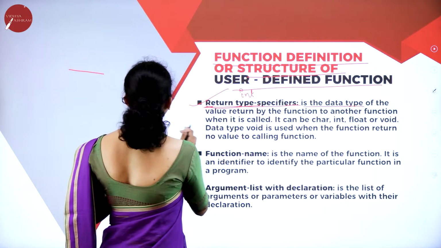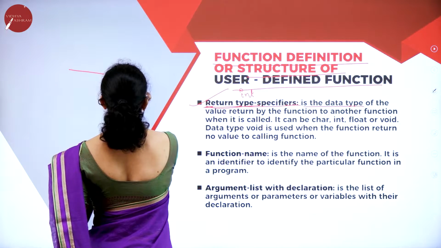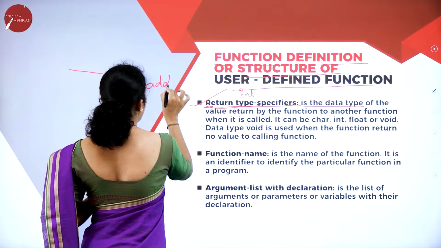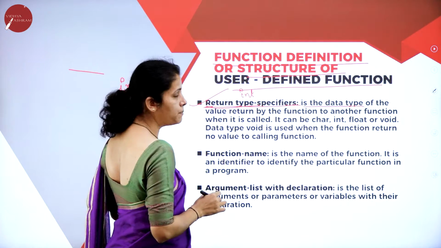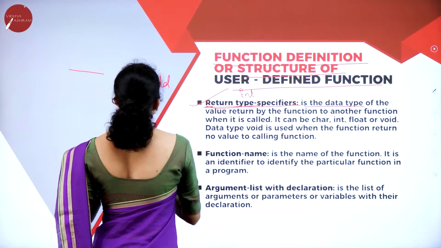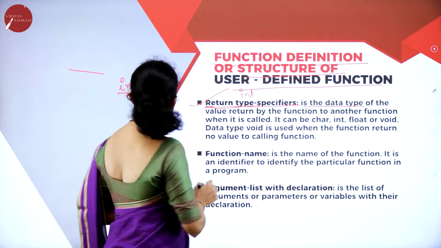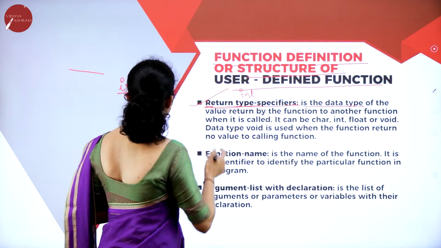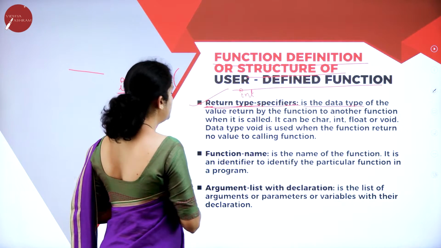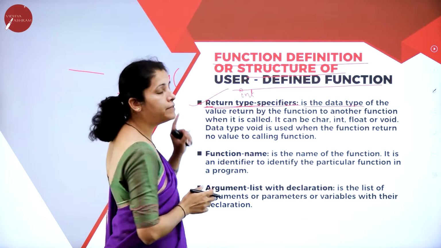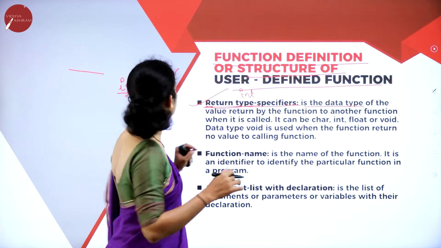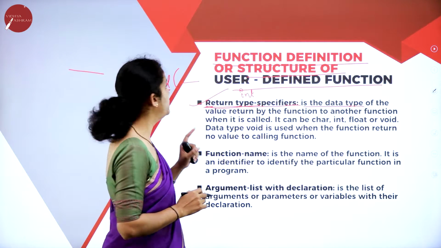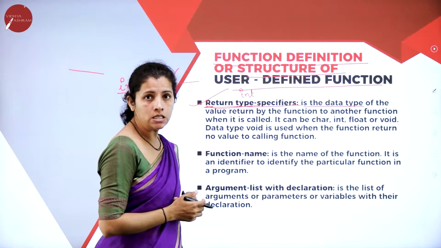Now, dear student, we came to know the return type as well as the function name. If I consider this example, int is my return type and my function name is add, and open the curly brace. If I'm having any argument, then I'm going to specify the argument in between my parenthesis.